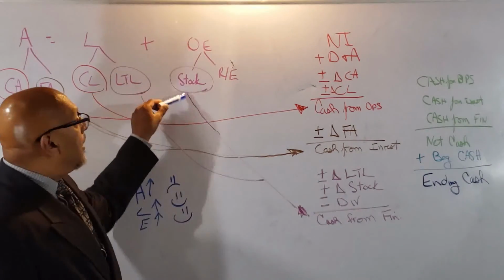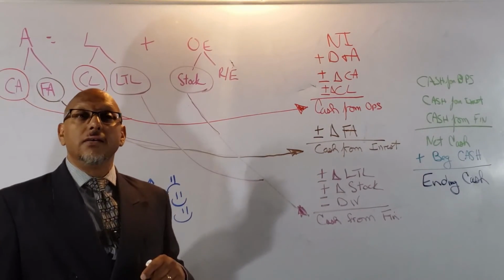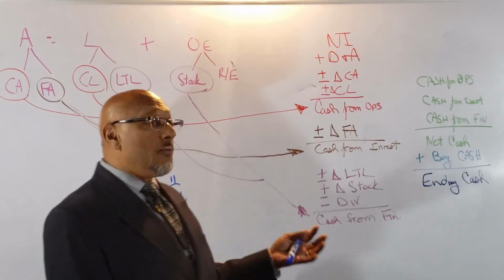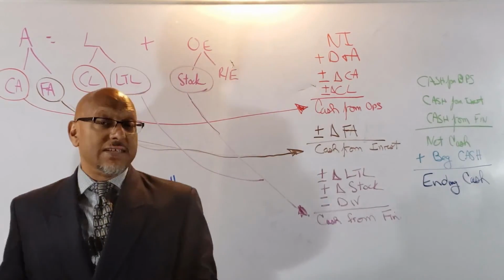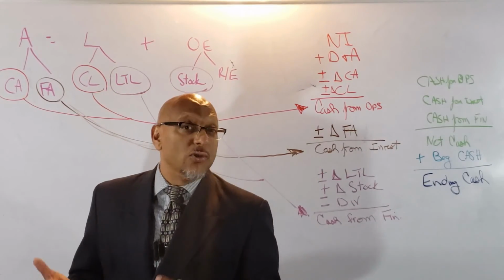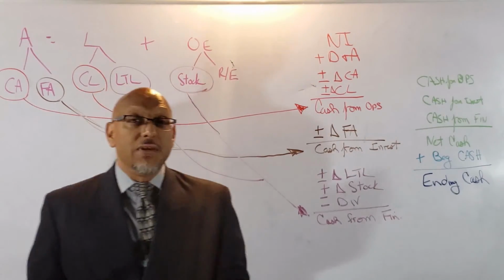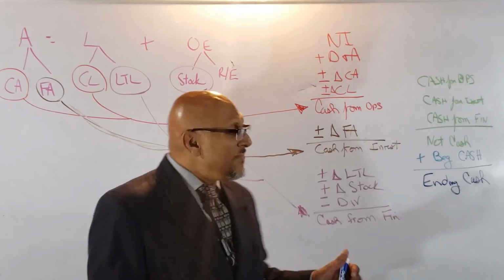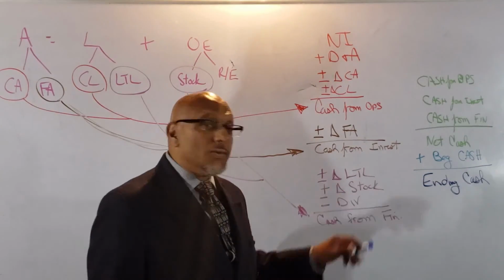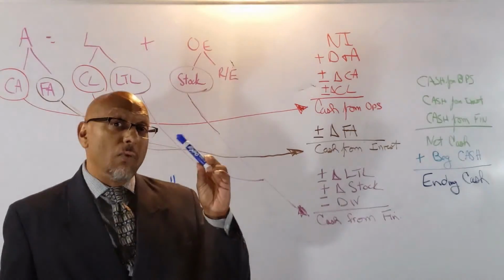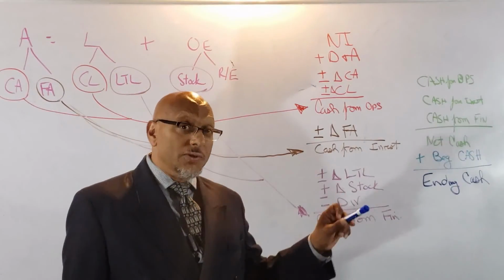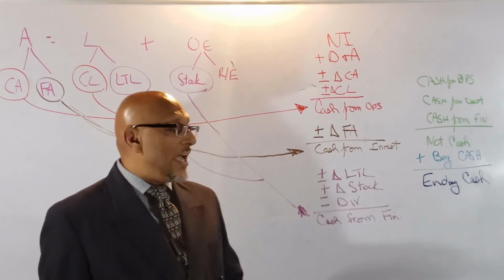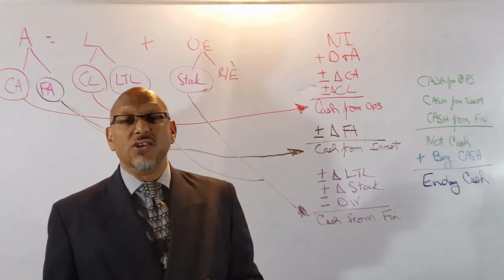Changes in stock: if we sold stock, whether it's common or preferred stock that we sold, we have the par value of the common stock plus the paid in capital. The amount that we bought or sold it for, the par value plus the paid in capital, that's what goes here as a change.